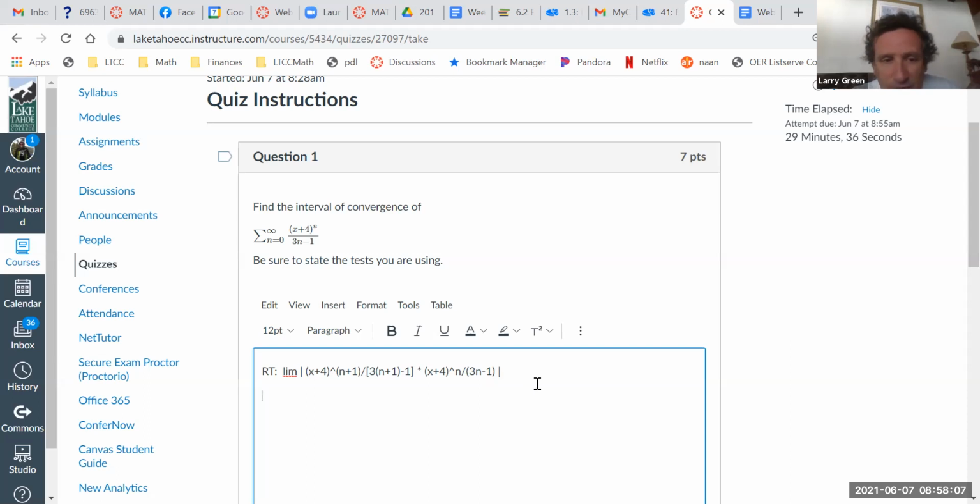So we get the limit of the absolute value of x + 4, times 3n - 1 divided by, this becomes 3n + 3 - 1, which is 3n + 2.